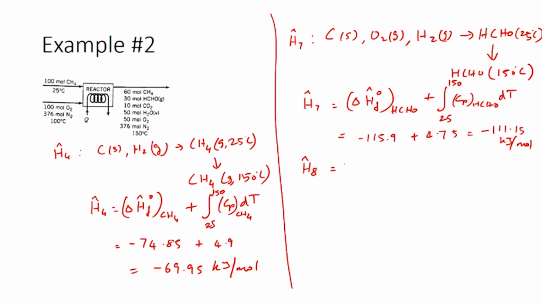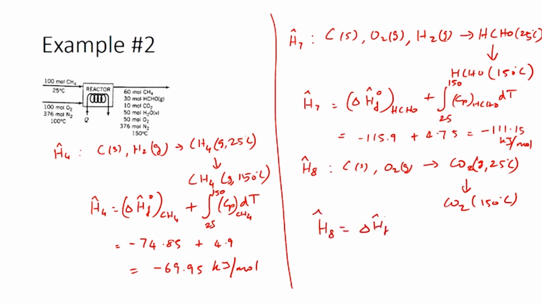Similarly, we can calculate H8 cap. So H8 cap is the process where you have carbon solid and oxygen gas at 25 degrees Celsius forms carbon dioxide gas at 25 degrees Celsius, which is then heated to form carbon dioxide at 150 degrees Celsius. So, the first step for H8 cap is the heat of formation of carbon dioxide.